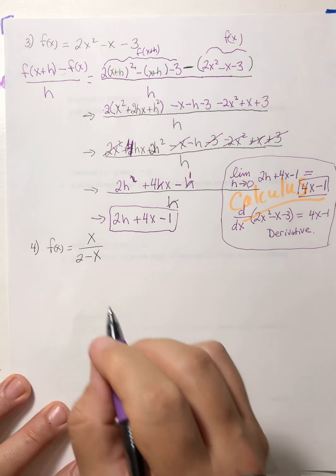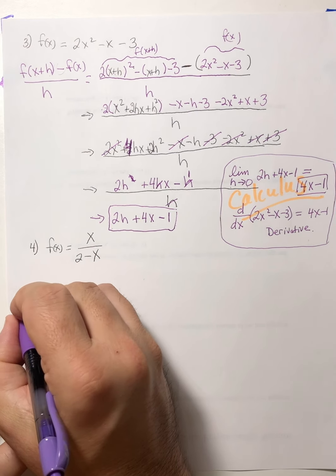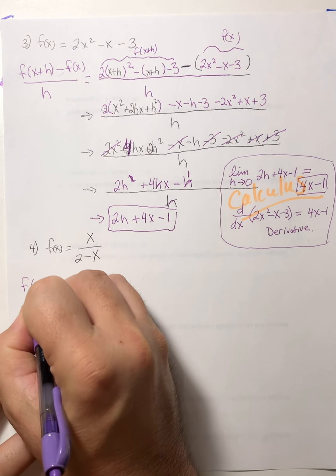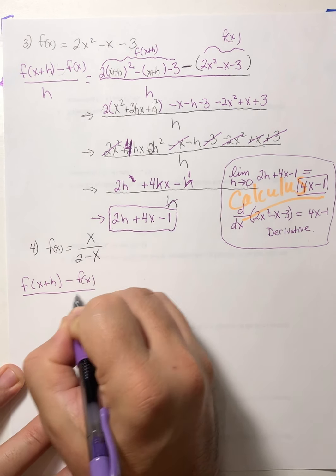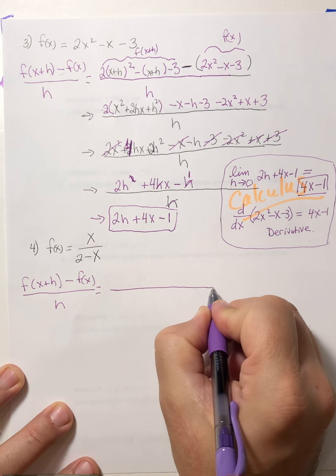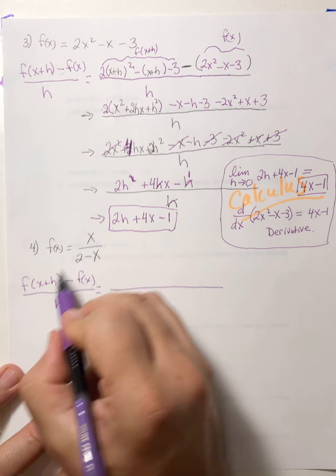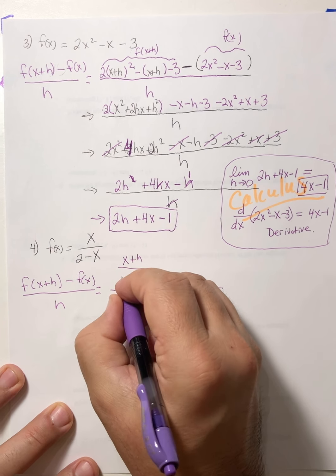So we're going to do another difference quotient. So let's just start filling it in. So here's my format. So there's my x's. I'm going to fill them in with x plus h.